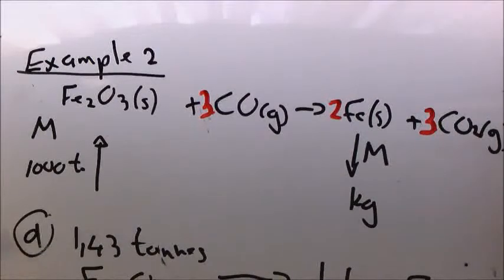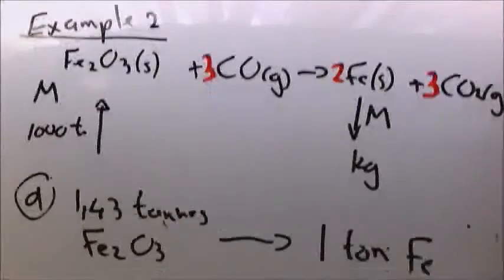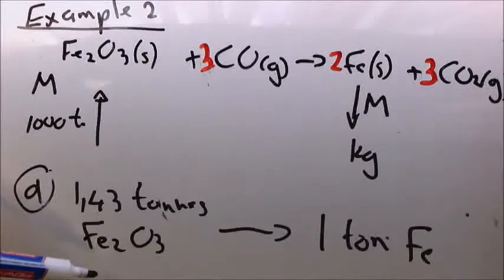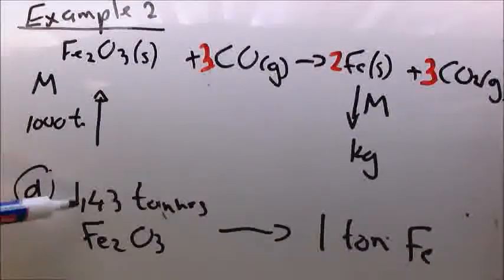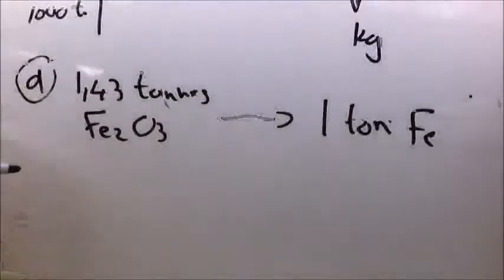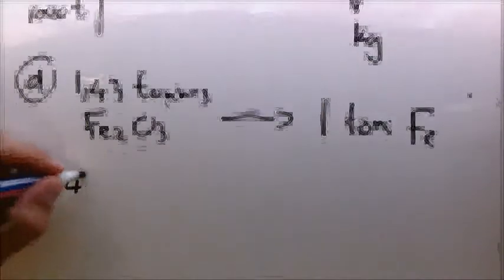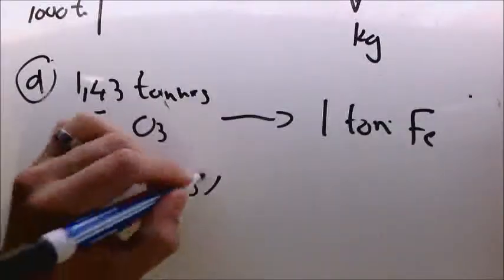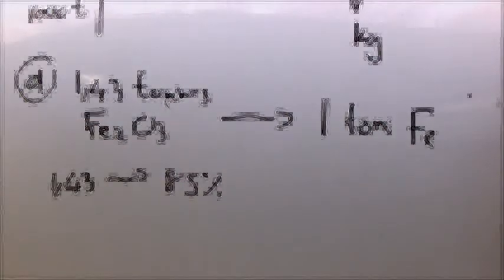So what we need to do is understand that 85% of the ore is iron oxide. That means 1.43 tons only represents 85%. So if we want the complete number, we have to divide by 85% to get to the total amount of ore, right?